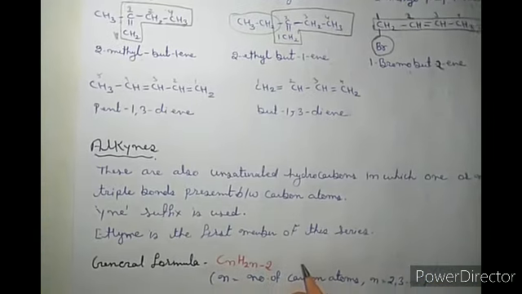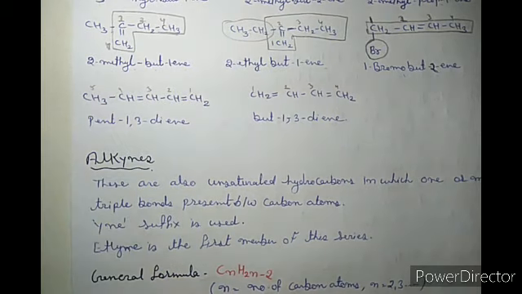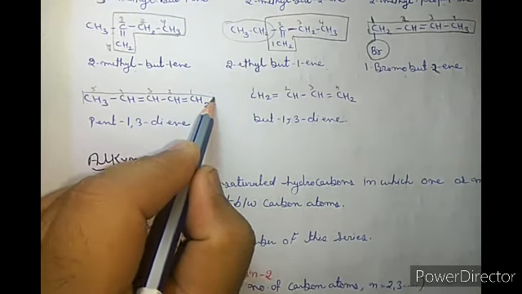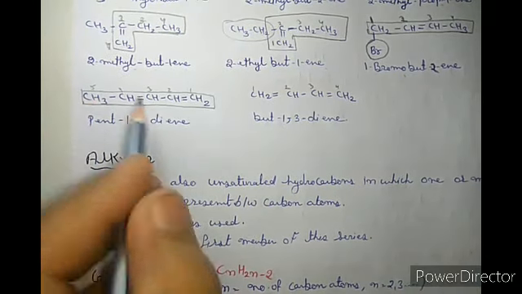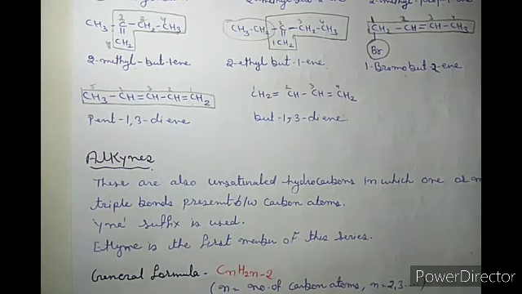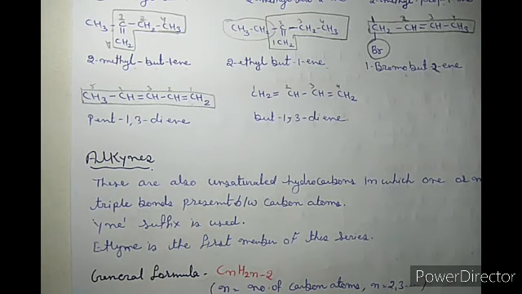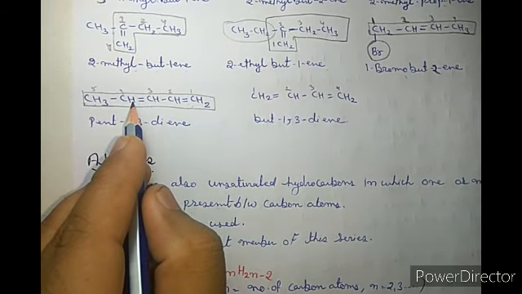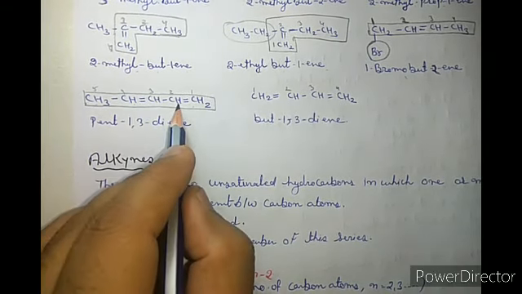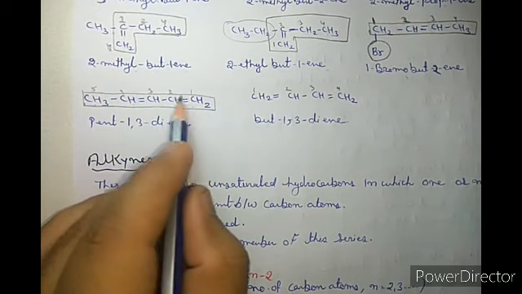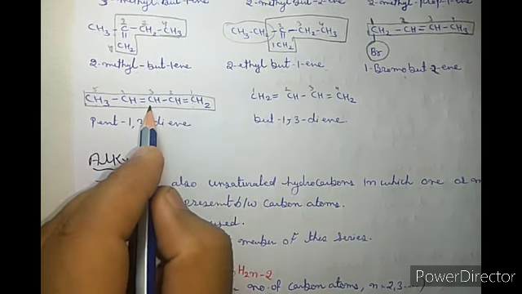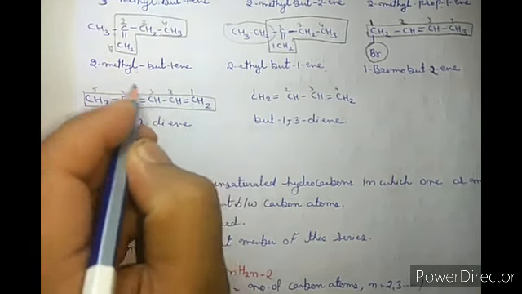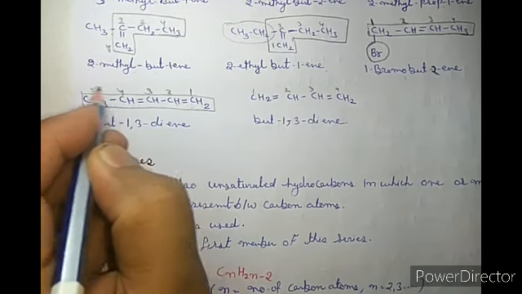Got it? Now, this example here, this is our main chain. In this main chain, there are two double bonds. Now we have to give the minimum numbers to the double bonds. If I start numbering from that side, the double bonds get second and fourth. But if I start from the other side, they get first and third. So for giving the minimum number, we will start numbering from that side.